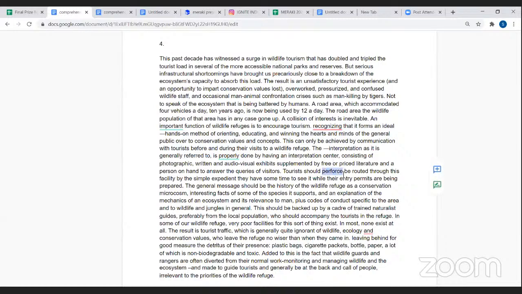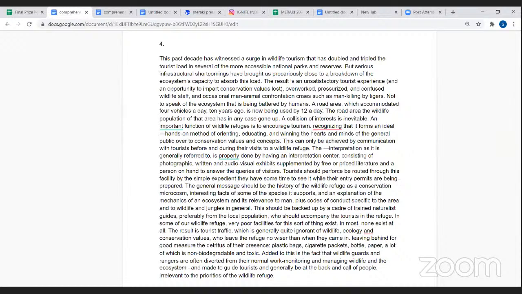Perforce means necessity, like necessarily. Then you have expedient, which is basically the method or the way, like a route or plan that helps them.